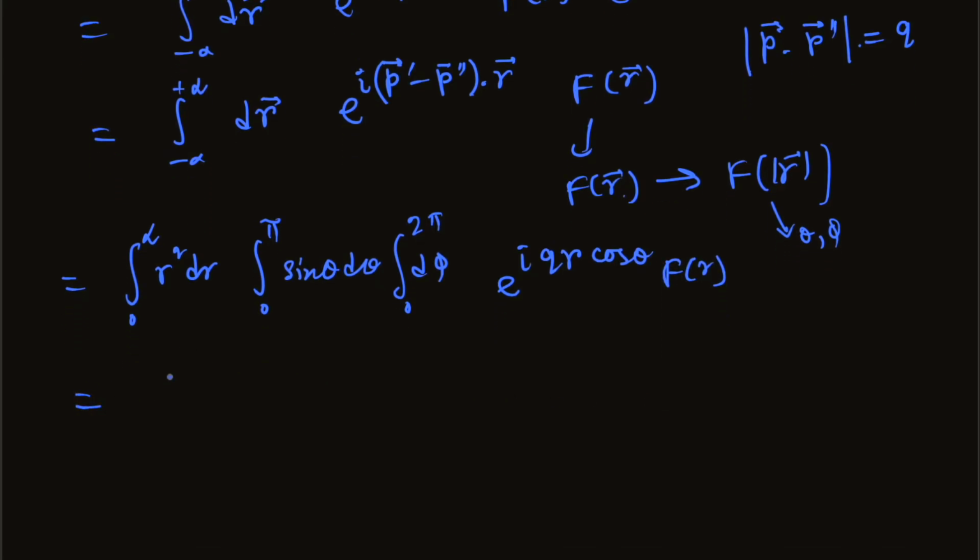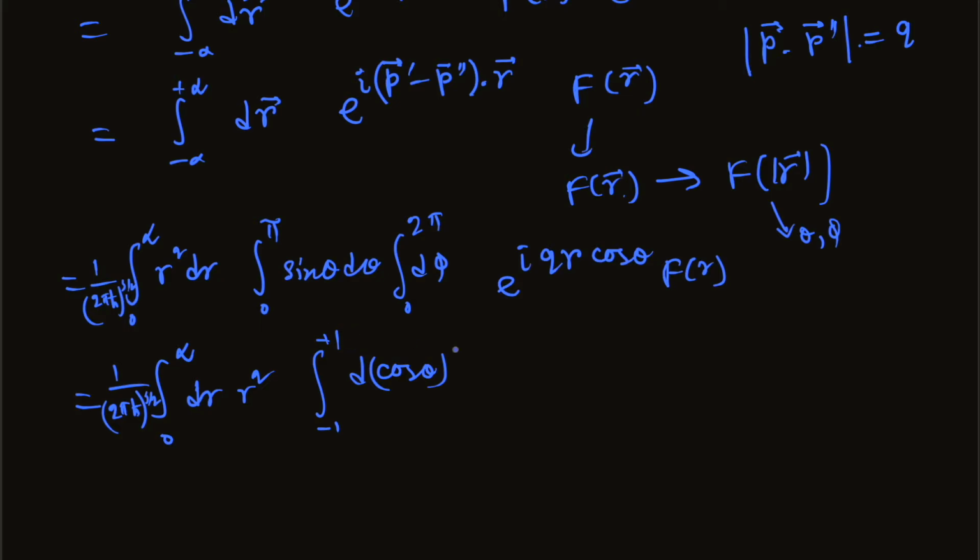That means the integral from 0 to infinity dr r square, with 1 by (2 pi h cut) to the power 3 by 2 outside, and the integral from minus 1 to plus 1 d cos theta.